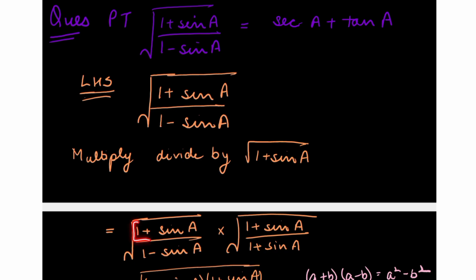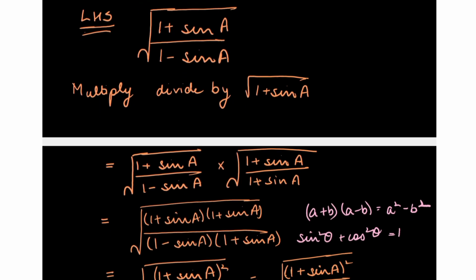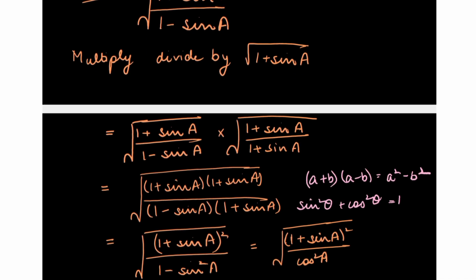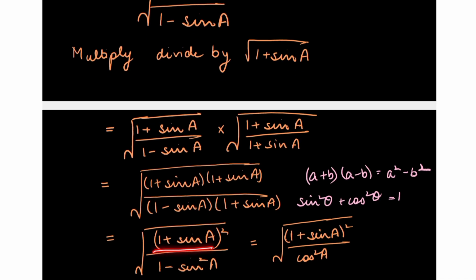If we see this numerator, we get (1 plus sin a) whole square. And in the denominator, we see (1 minus sin a) into (1 plus sin a). We can see that (a minus b)(a plus b) gives us a square minus b square, that is 1 minus sin square a. So the root can be directly removed from the numerator.